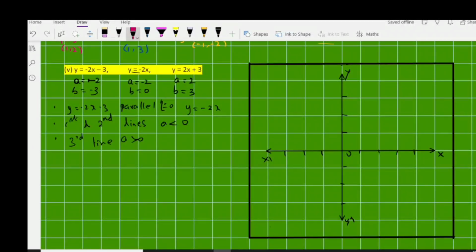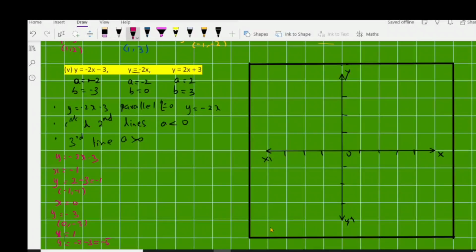Look at the first equation. y is equal to minus 2x minus 3. Suppose x is equal to minus 1, y is minus into minus, plus 2 minus 3 gives minus 1. So first point minus 1 comma minus 1. If x is 0, y is equal to minus 3. Second point 0 comma minus 3. If x is equal to plus 1, y is equal to minus 2 minus 3 is minus 5.